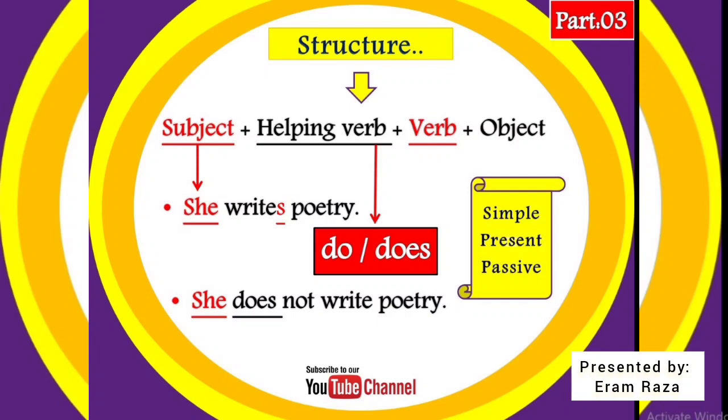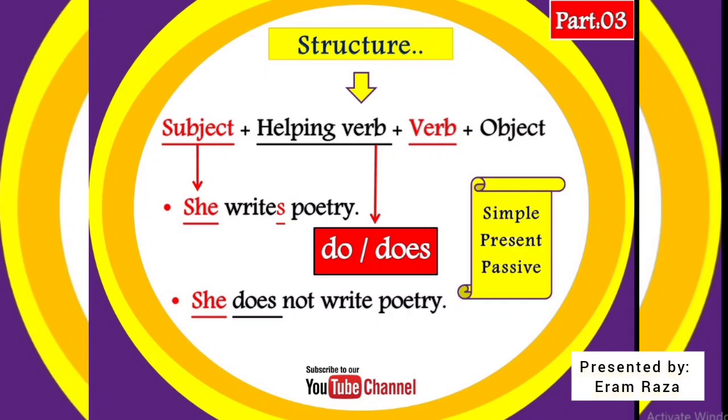Whatever you are writing, because this is the negative sentence. And the first one which I had discussed and written above was "she writes poetry." This is an affirmative sentence, so we didn't use do or does in the first one. But I added s with the first form of the verb write, so it becomes writes.